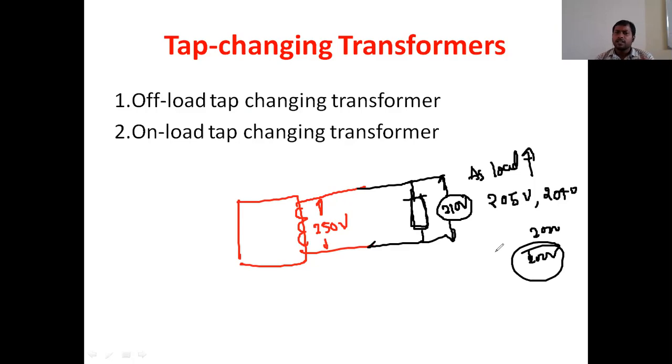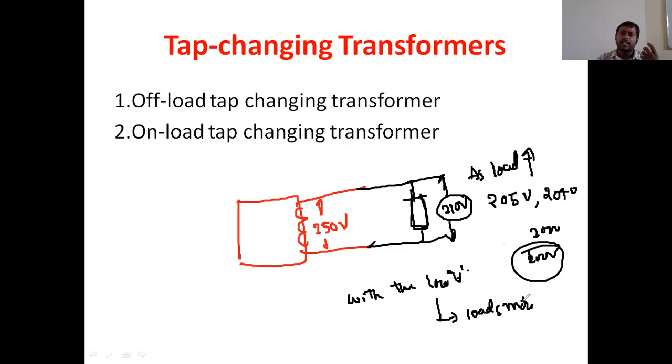If you connect more inductive loads, the voltage at the load end will be reduced. And with low voltage, the loads draw more current. Because of this, the appliances will not give accurate performance.